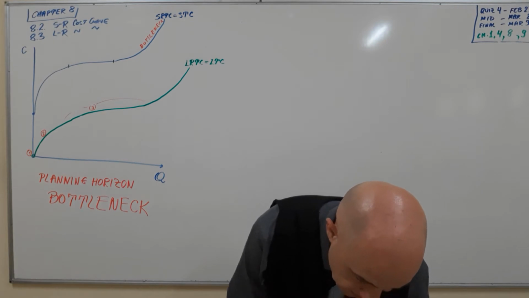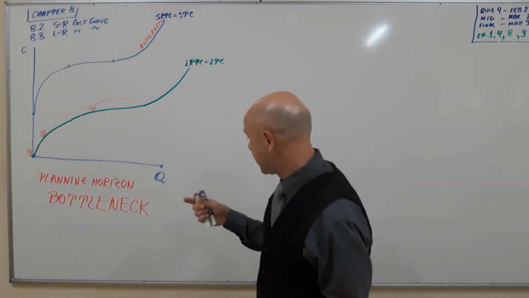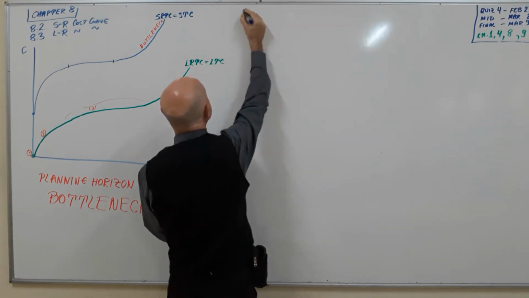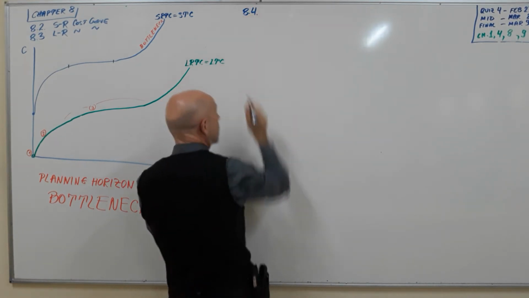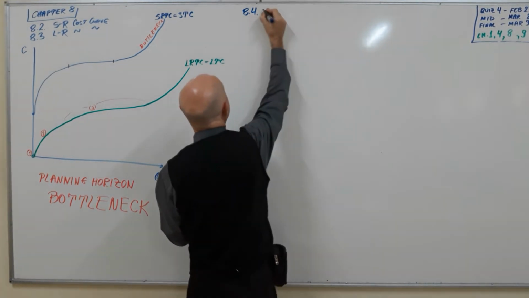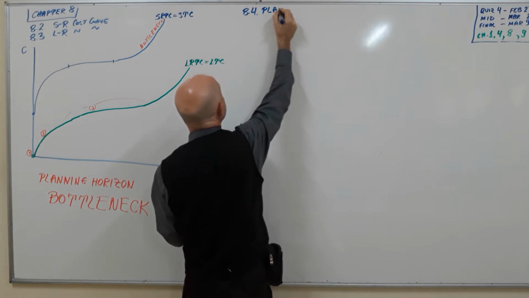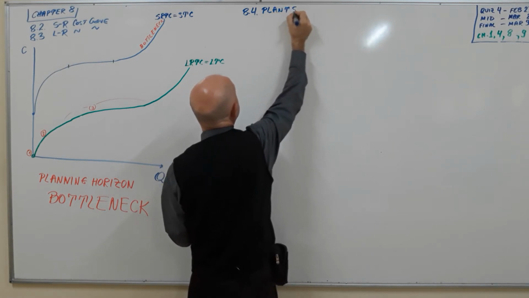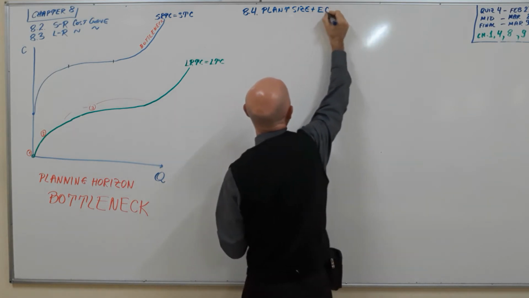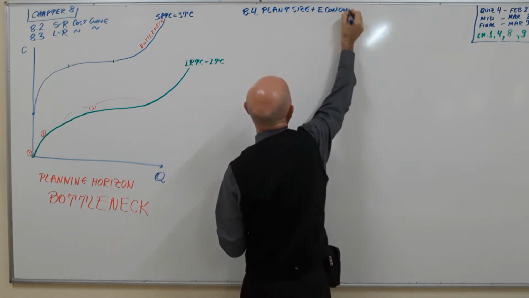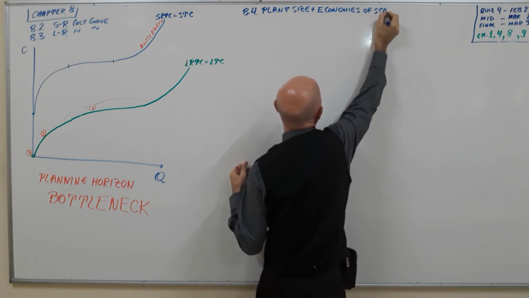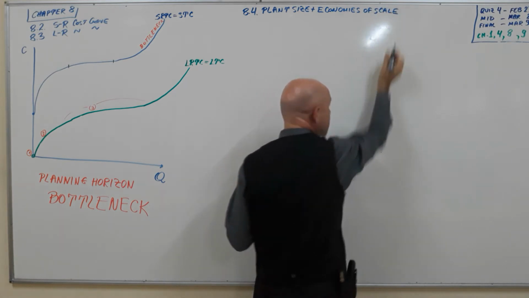And I already discussed 8.4 a little bit. Now I have a little bit more. 8.4 is economies of scale, and actually call it plant size. Plant size and economies of scale.